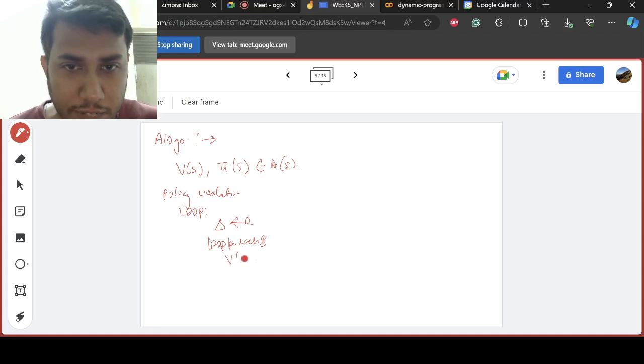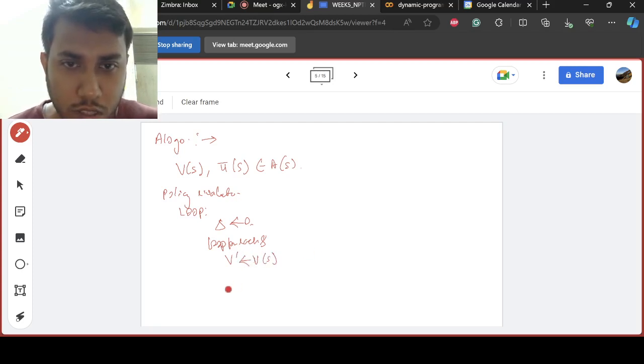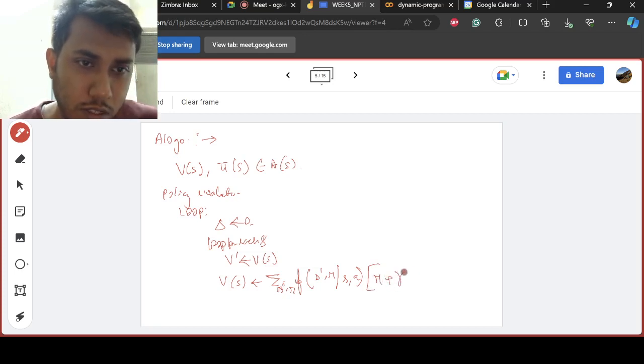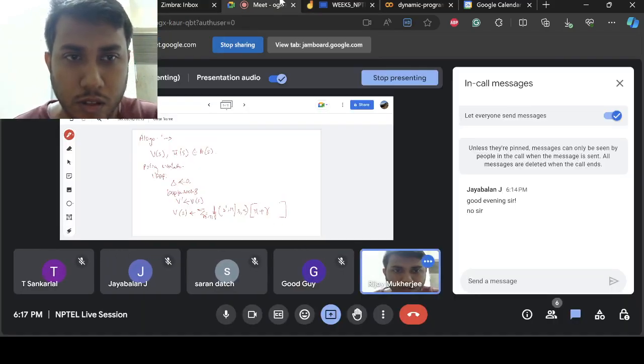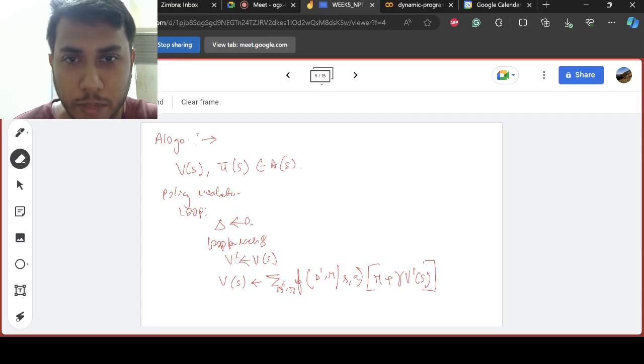You have v dash equals v of s. Next you update v of s as the summation over s dash, r of p of s dash, r given s comma a, times r plus gamma, and what do I write here? I will use v dash of s, the previous one.